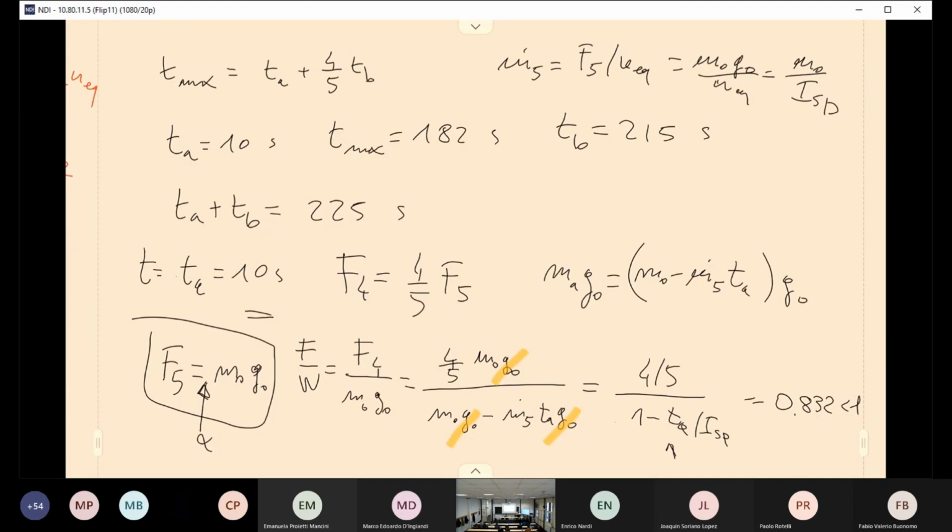now something strange here. This should be M0. We see here this should be 4/5 of. Well, I think it's better we write it again.